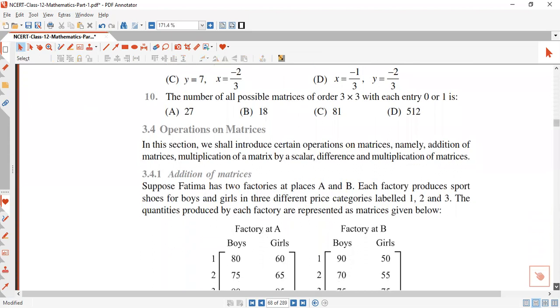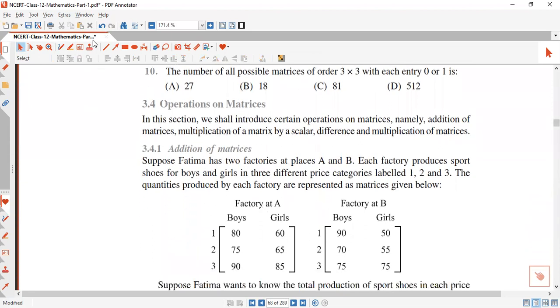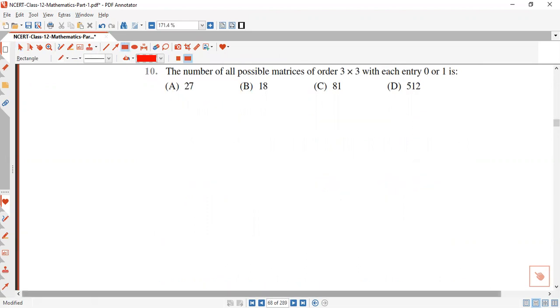Now see, question number 10. The number of all possible matrices of order 3 by 3 with each entry 0 or 1 is. So we have a 3 by 3 matrix.